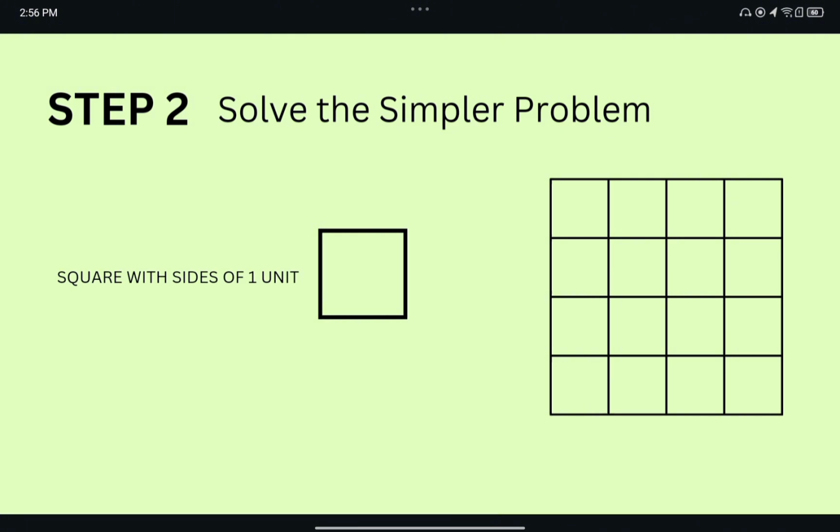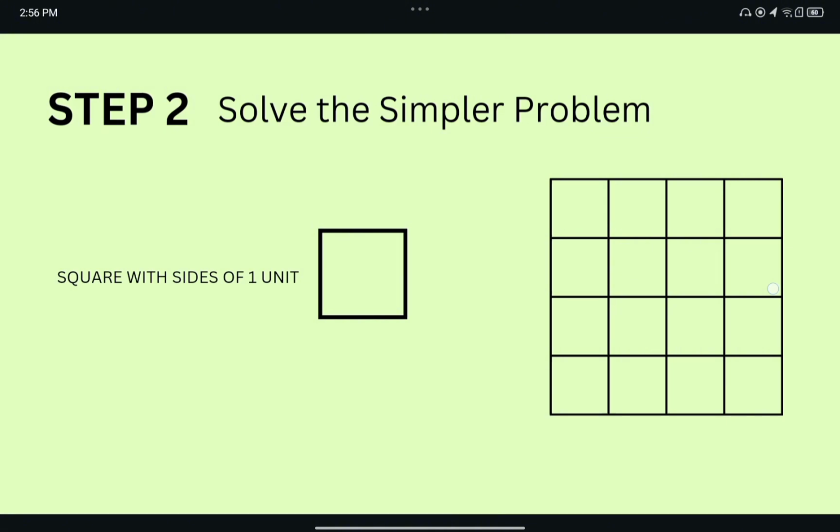Of course, we will be starting with the squares with size of 1 unit. Here's our model. In this part, we will count how many squares with sides of 1 unit there are in the given picture. This is what is given. So let's start counting, but you can pause this video and count.